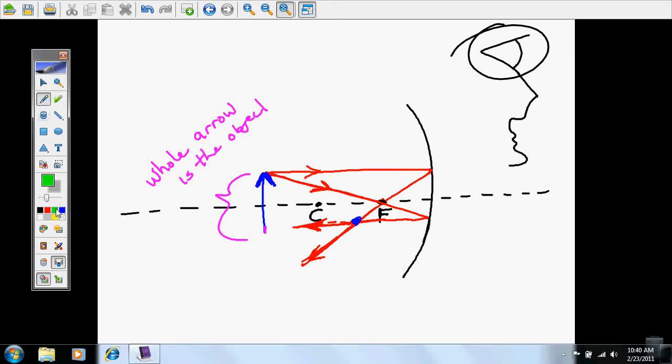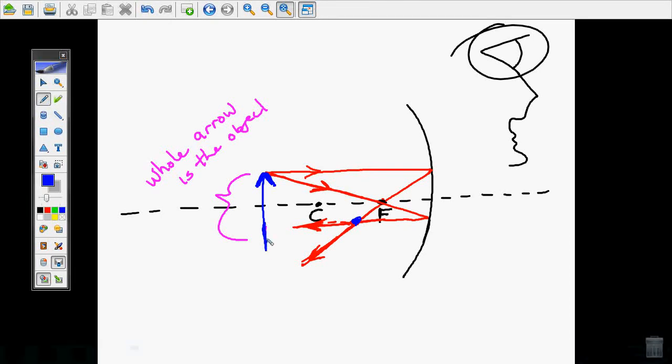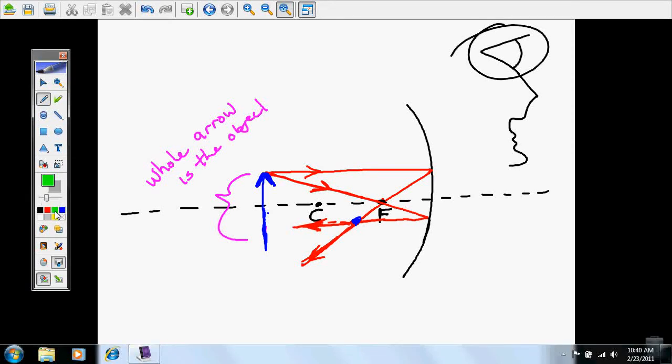And I'm going to draw it in green. And I'm going to draw light rays, and you know what? I'm going to make the person's feet go a little bit deeper here. So right there.